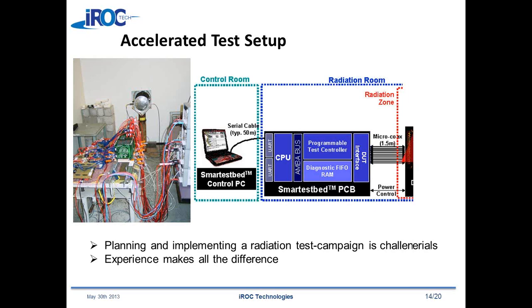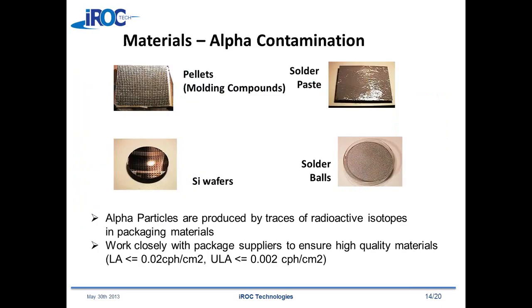Another important thing that people need to consider when they're designing chips is the packaging material. The contribution of soft errors from alpha particles comes from the materials that are in close proximity to the die, typically solder bumps.